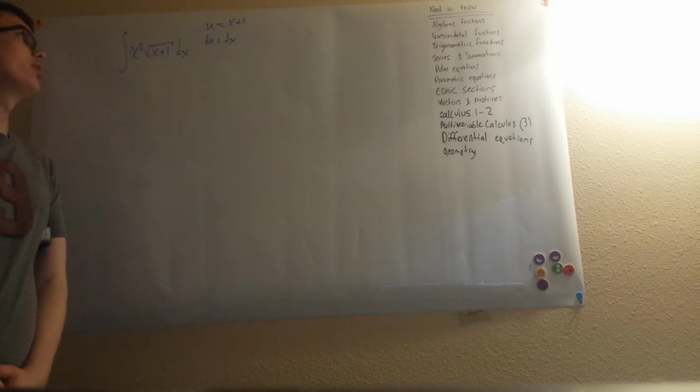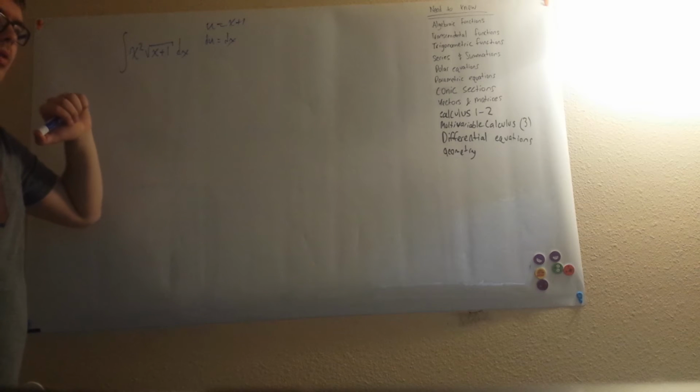We don't have enough. We have too much stuff here. We have x squared dx, so we can't do u substitution. Huh. We can't do it because we don't have all of this gone.